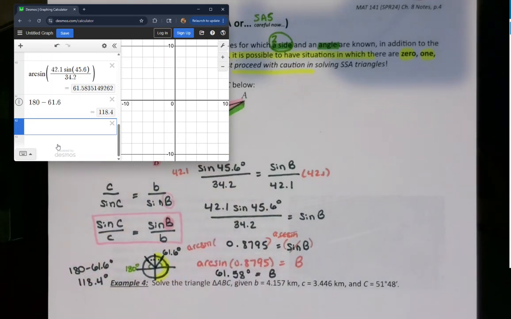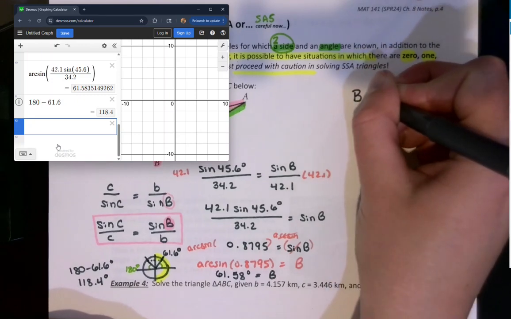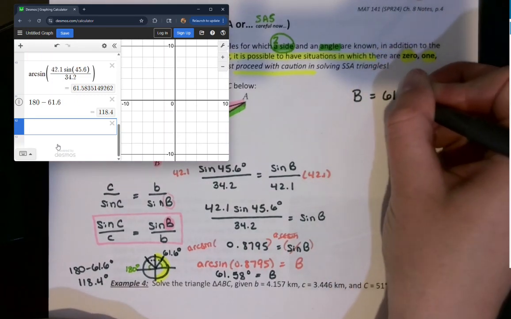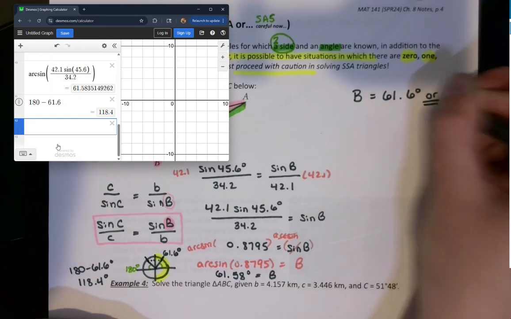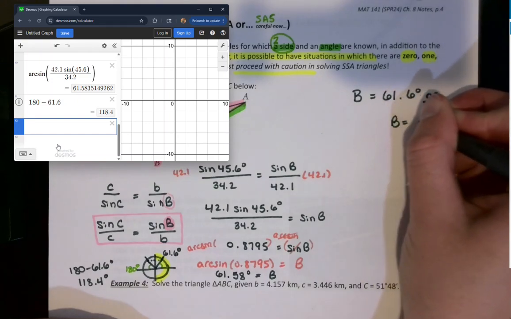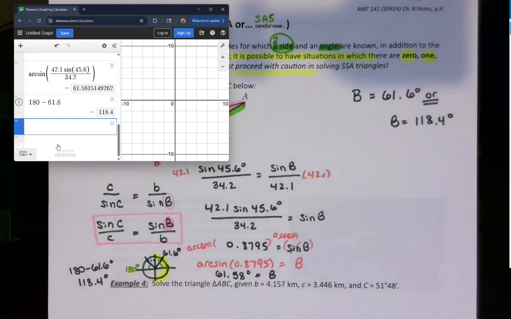So right now, for angle B, we have two possibilities. We have maybe B is 61.6 degrees, or maybe angle B is 118.4 degrees.